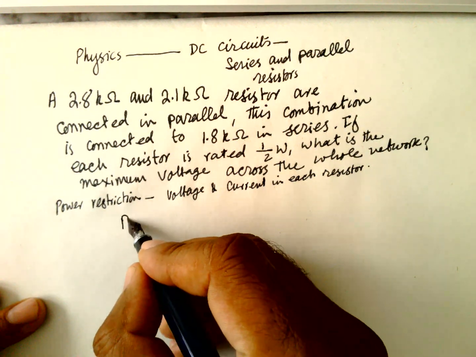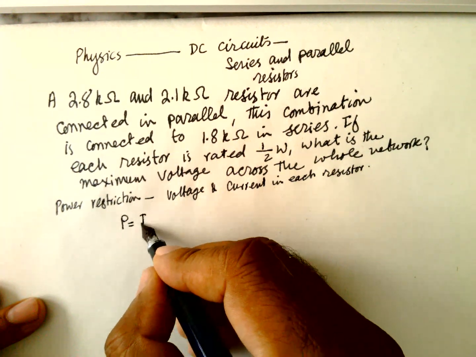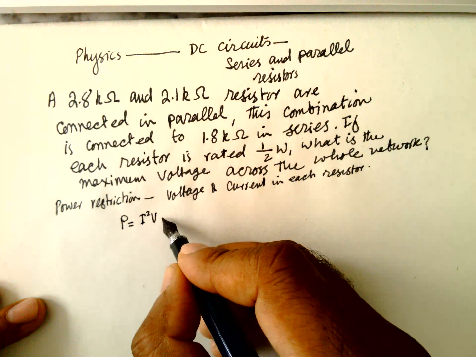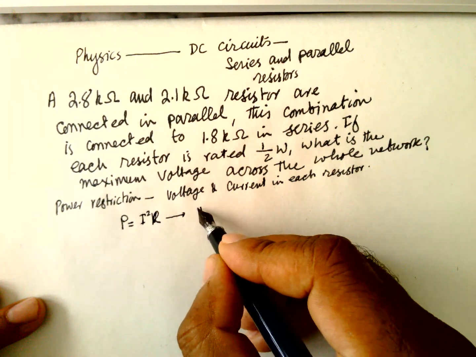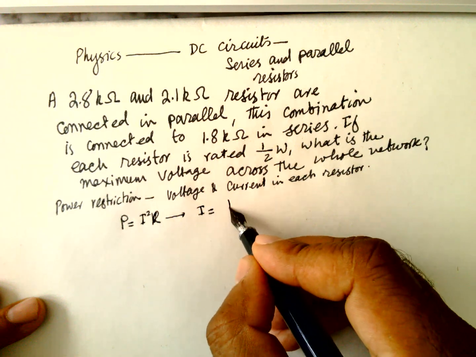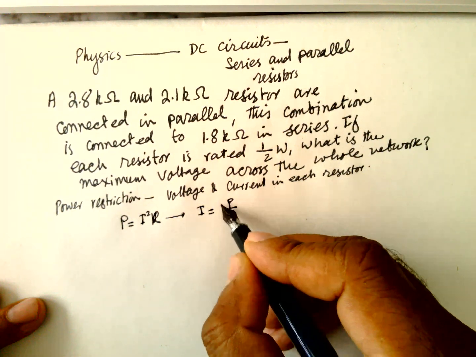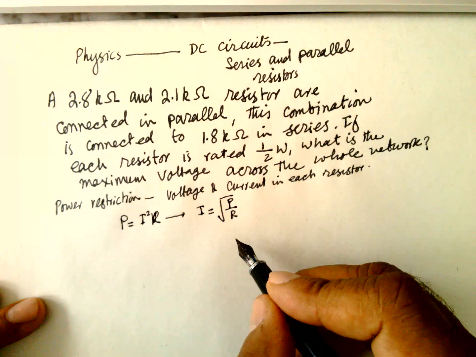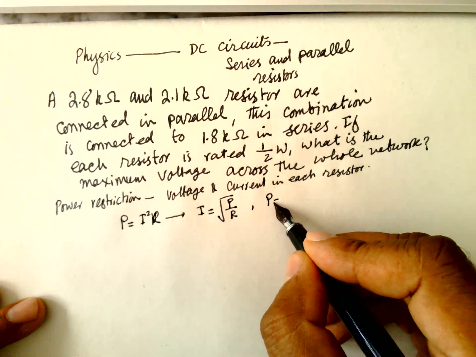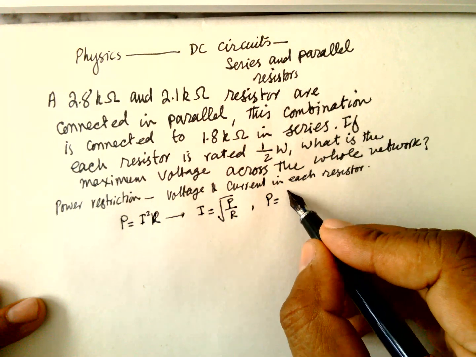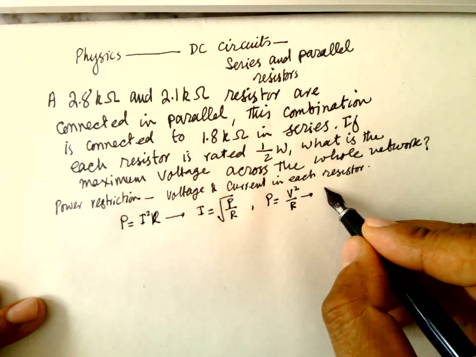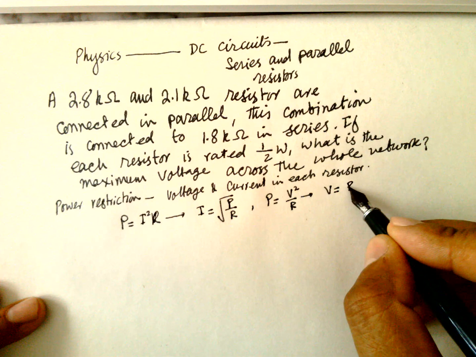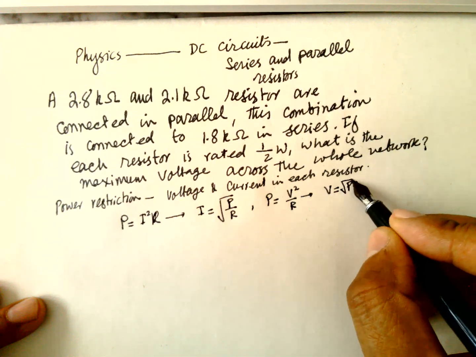So the power is equal to I squared R. That means I is equal to the square root of P over R. Similarly, P is equal to V squared over R. That means V is equal to the square root of PR.